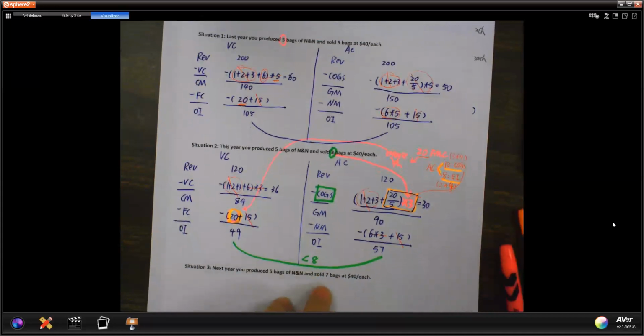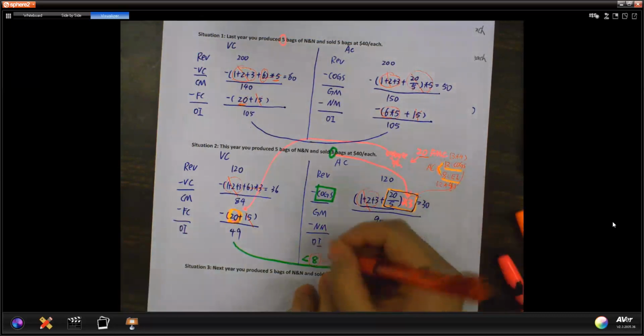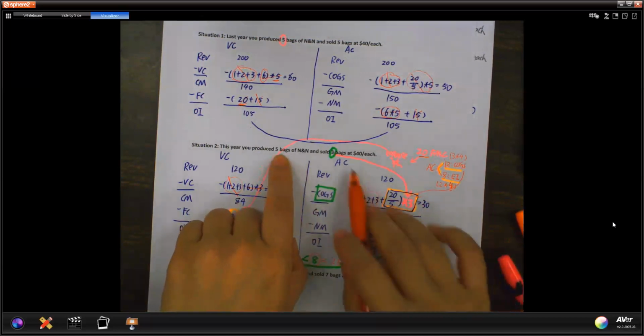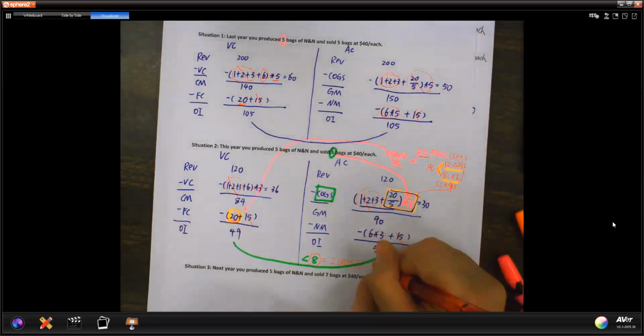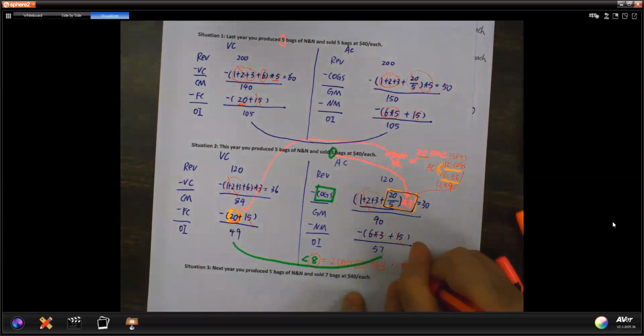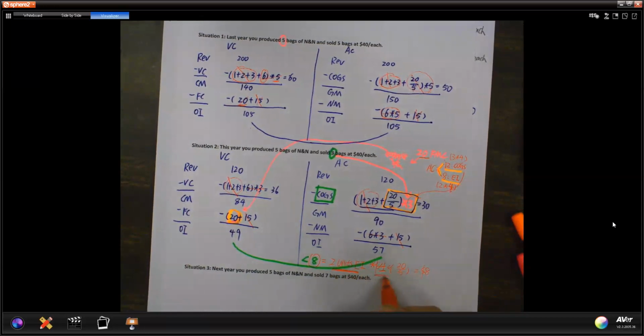So your $8 is because of the 2 units that are deferred. This is the 2 units of your ending inventory. You produced 5, you sold 3, you have 2 ending inventory. Each one is allocated $4 of the fixed manufacturing cost. How do you get this 4? It's your 20 divided by 5, right? So that is why you have an $8 difference. It's always your ending inventory times what you allocated to each one of the fixed manufacturing cost.